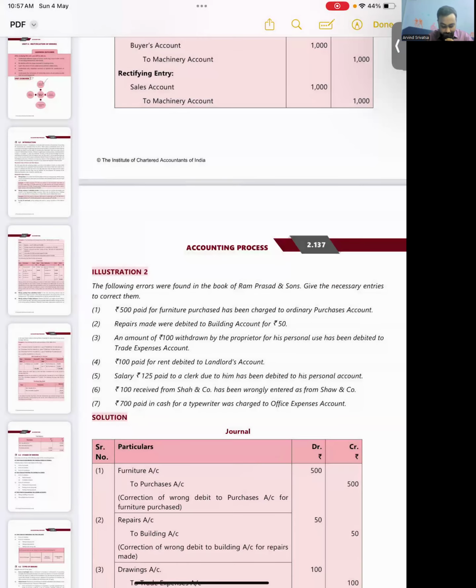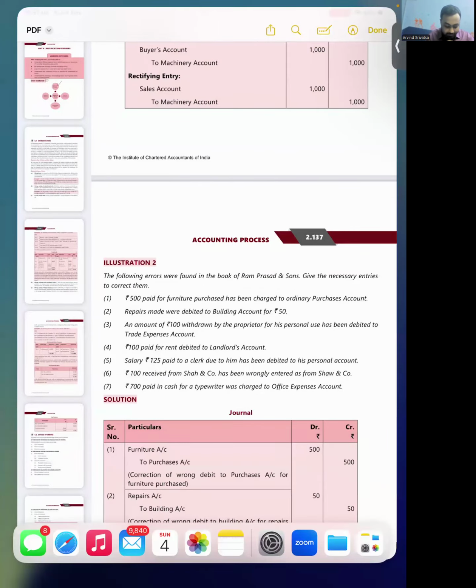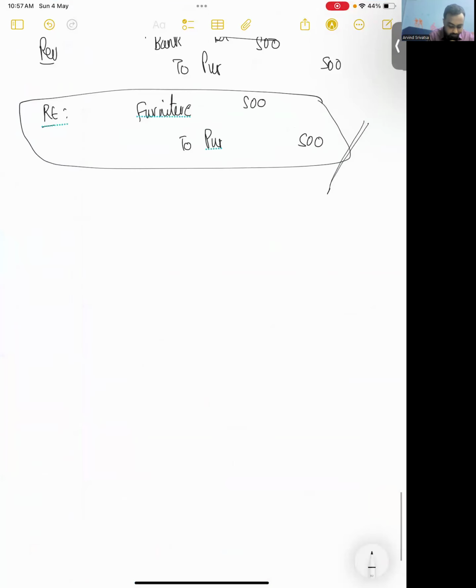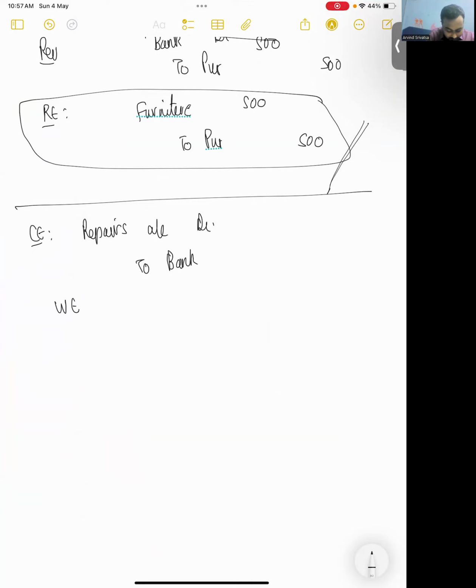Yes, repairs made were debited to building account. So repairs is a revenue expenditure, and we've wrongly taken it as a capital expenditure. So your correct entry is repairs account debit to bank. Wrong entry is building account debit to bank.